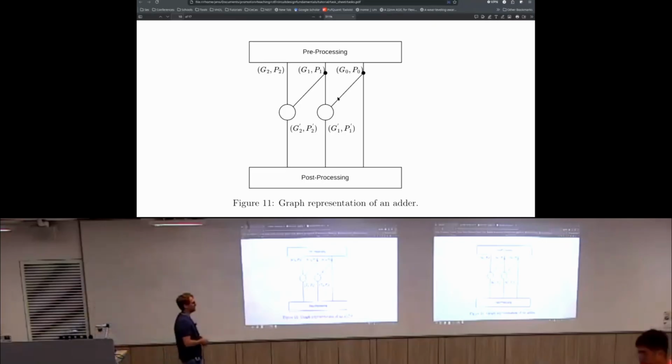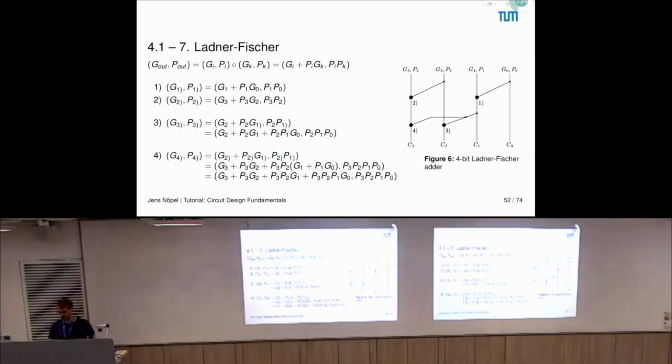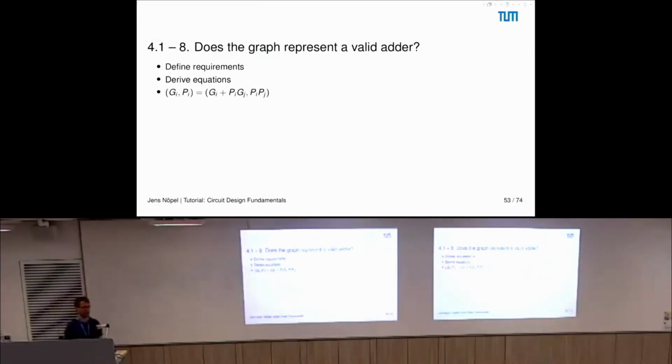So the way to show it is formally writing the things we've done before. So just find your intermediates, do the calculation, plug in the nodes, and then see whether we find what we expect. And how do we do that? First, we need to define some requirements, and then we're going to derive the equations.